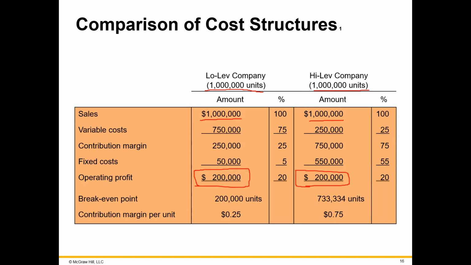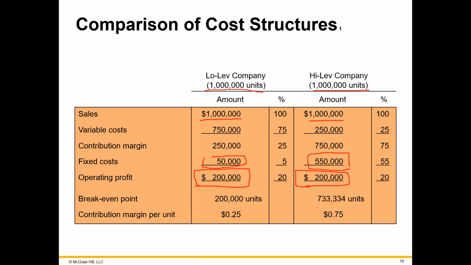For the low leverage company, their fixed costs are quite low. Their fixed costs are $50,000. In the high leverage company, their fixed costs are $550,000. So that means that the low leverage company is a lot less risky.